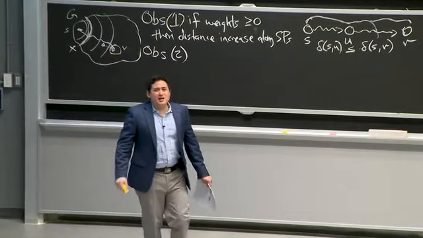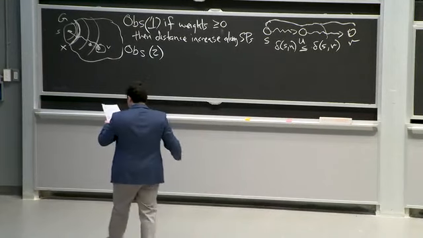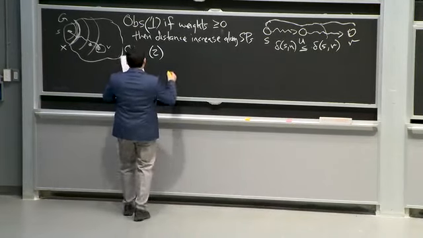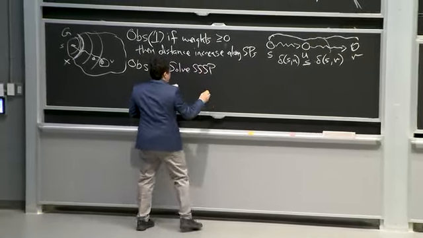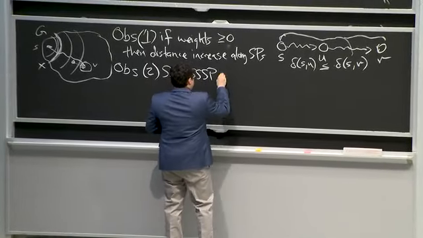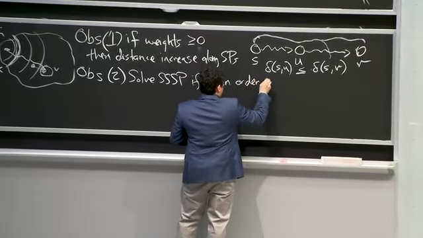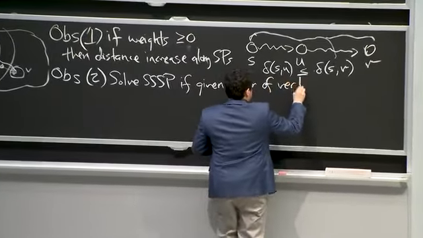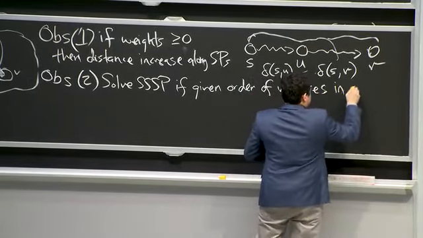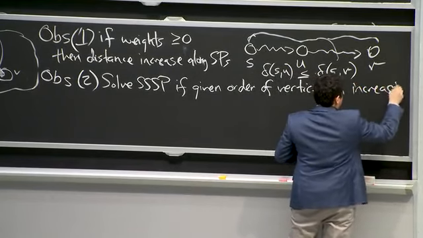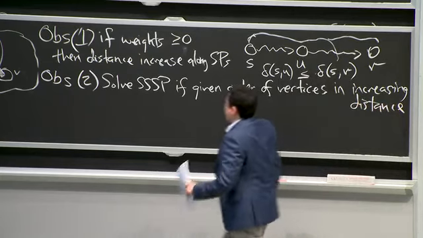Well, let's see if we can piggyback on DAG relaxation, right? I claim to you that we can solve single source shortest paths faster if we're given the order of vertices in increasing distance from S beforehand.